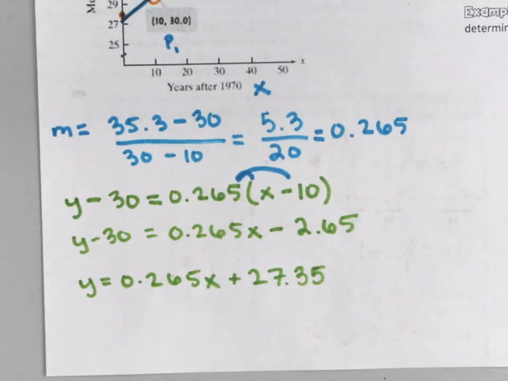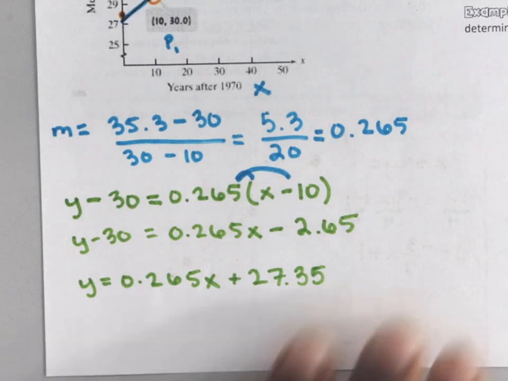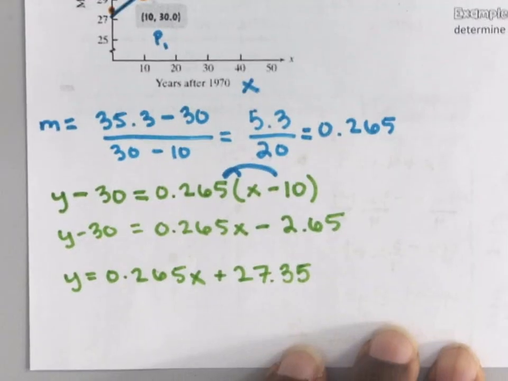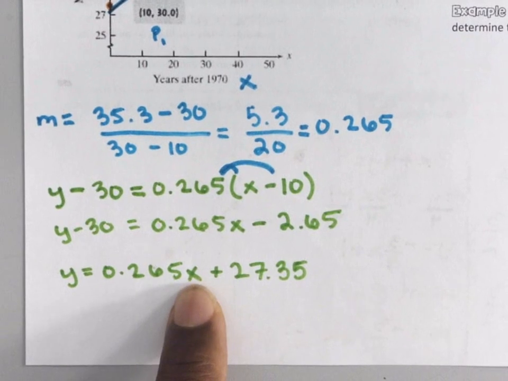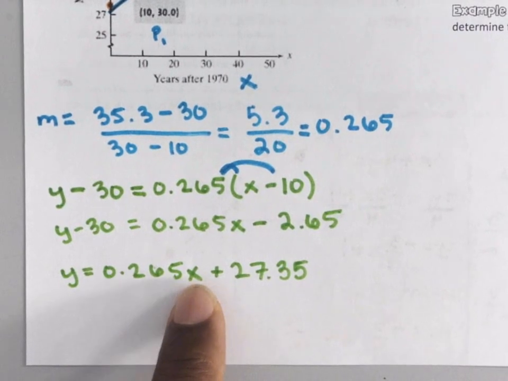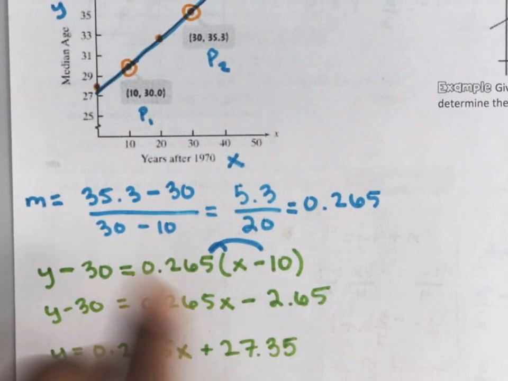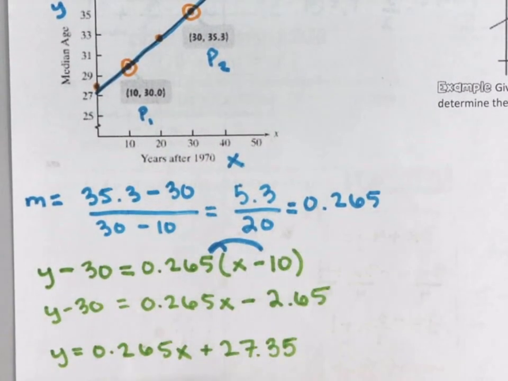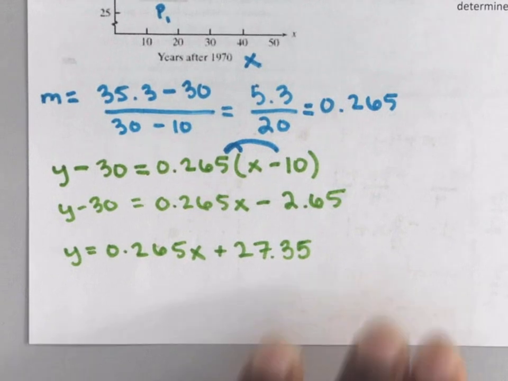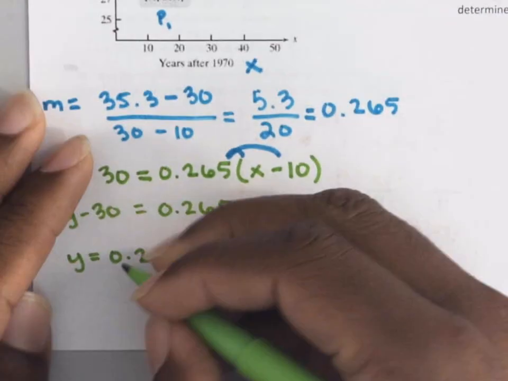That makes sense. So now I can get out information. We wanted to do the year what? 2030? So I put 2030 in here? 60. 60, yeah, because I'm doing years after 1970. 2030 is 60 years after 1970. So I'm going to let x equal 60.